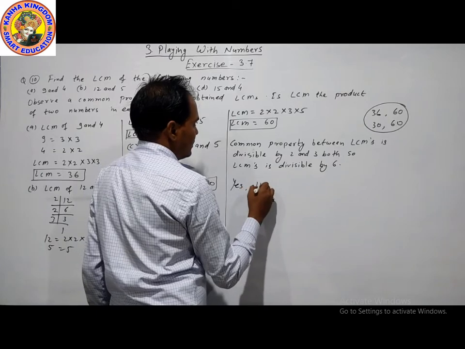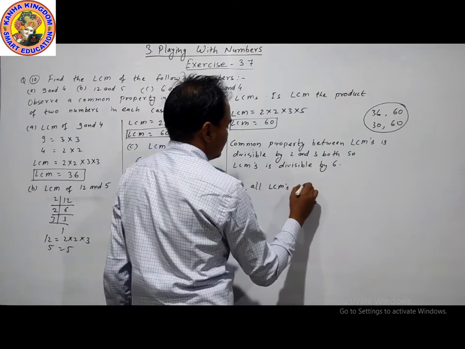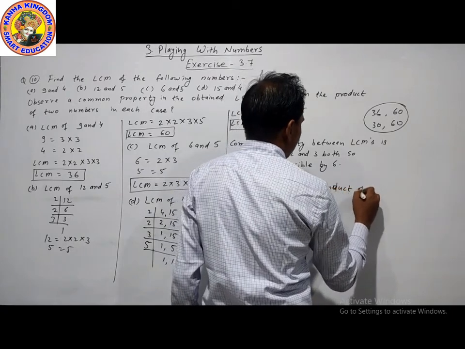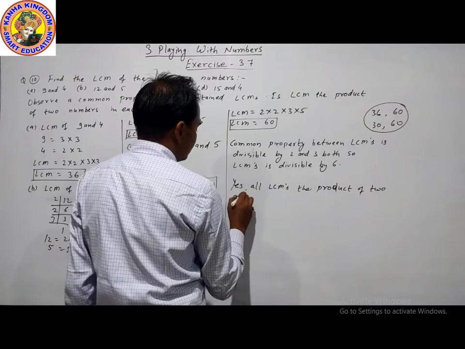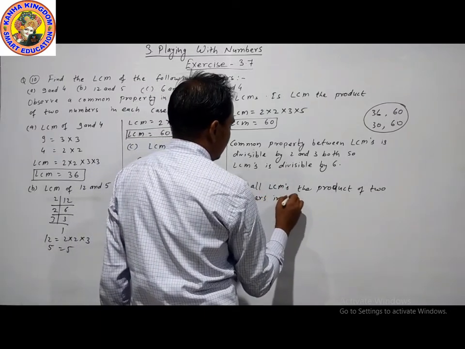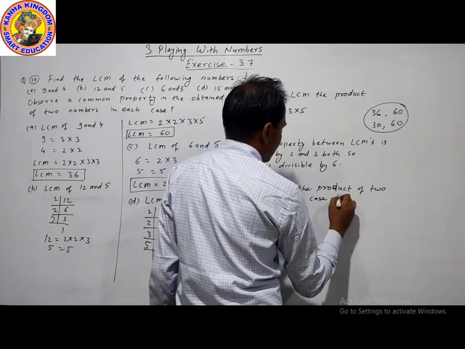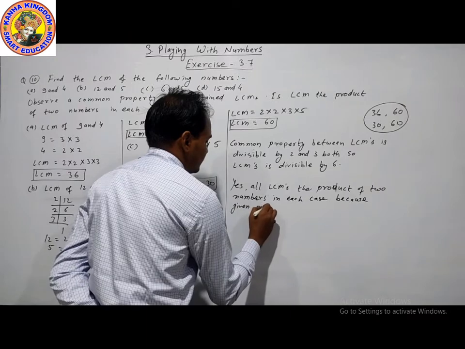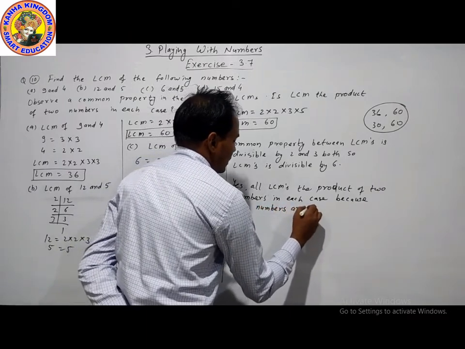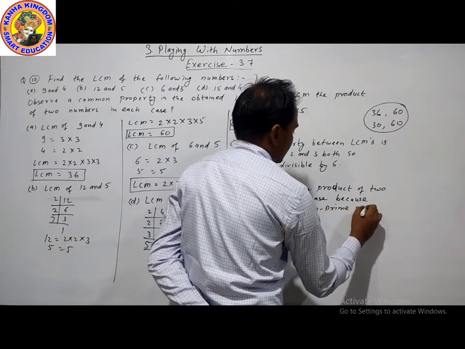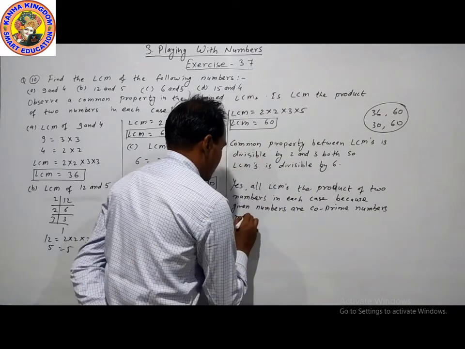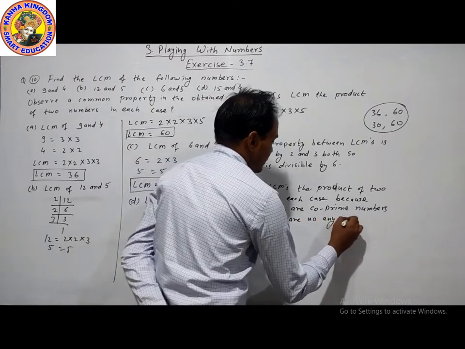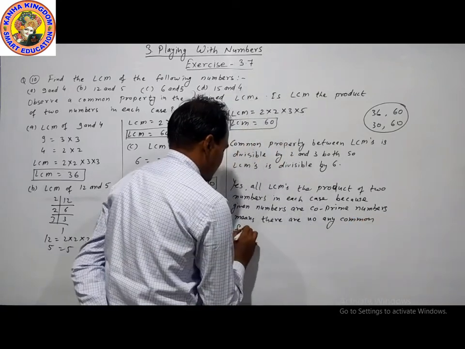All LCMs are the product of two numbers in each case because the given numbers are co-prime numbers, means there is no common factor.